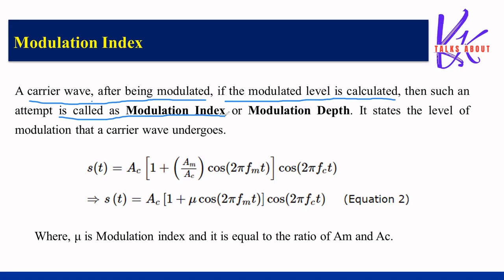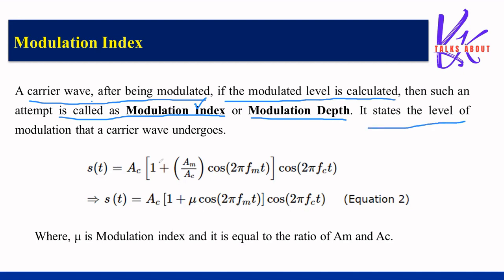So what is the impact of your modulation index? Whether the modulation is under modulation, over modulation, or exact modulation, that we can get from this modulation index only. Or in other words, we call it modulation depth. How much percent of modulation is done is calculated using your modulation index.